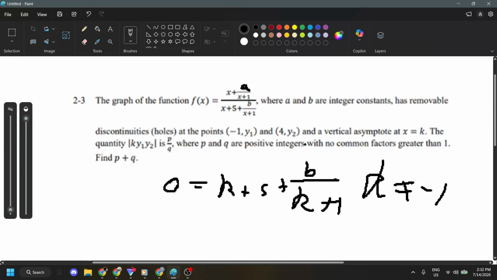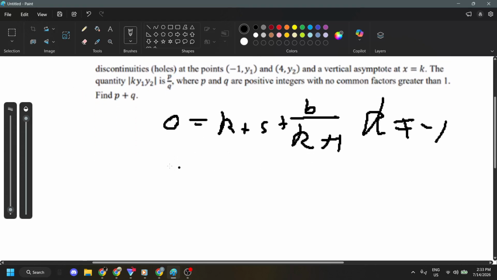That's our first hole. And our second hole is when this is equal to this, I think. Or maybe it's when this is equal to this. I don't know. Okay, let's see. Multiply by k plus 1 probably.